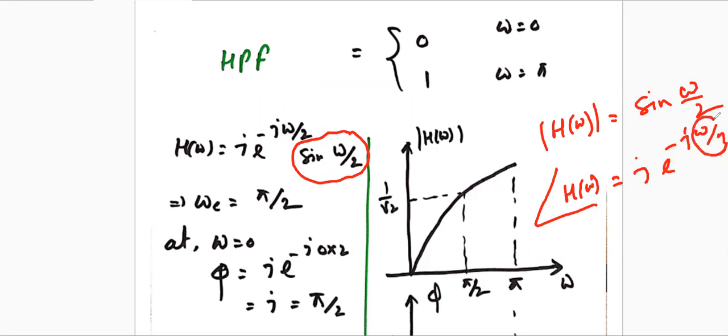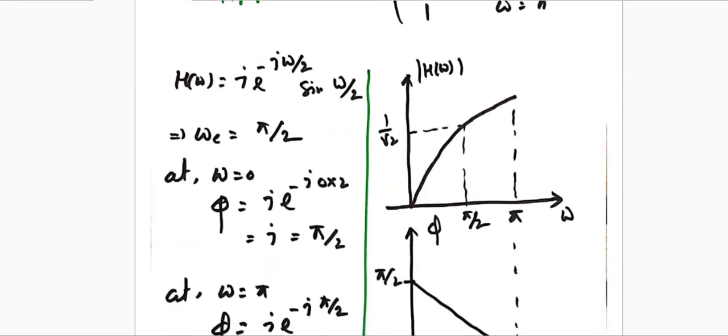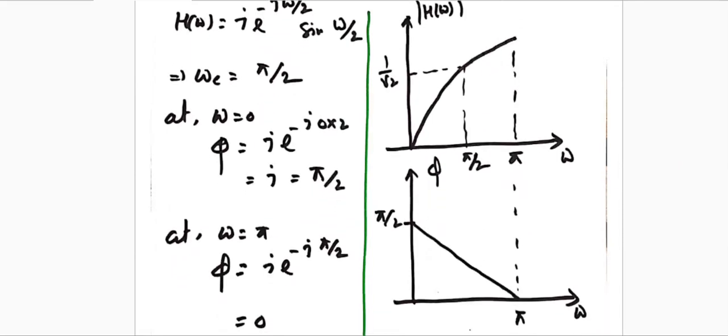So this omega divided by 2 depends on the value of omega, but we also have j. What is j? In this case, j represents pi by 2. So if I show you this in this way, for omega equals 0, we are talking about the phase. The magnitude response definitely depends on this. Okay, this is very simple.